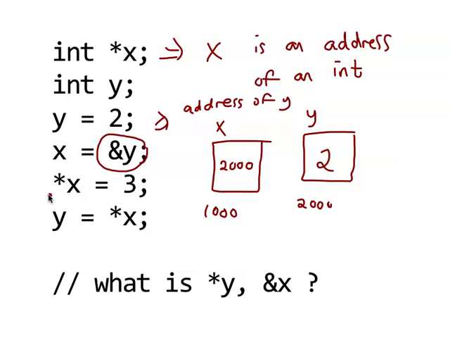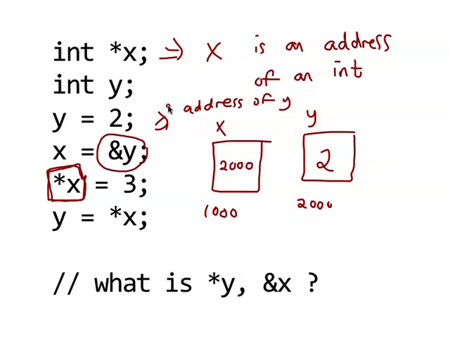Okay, let's look at the next statement. Star x equals 3. Now what is star x? Remember, on the left-hand side I must interpret this as a location, the location where you want to store the value. The star operation here means you take the address and then you follow that address.